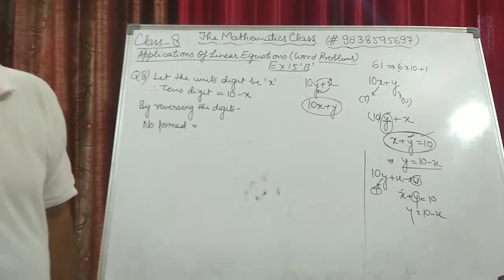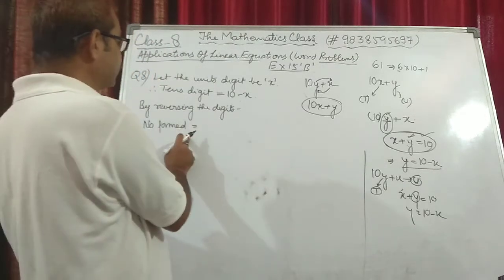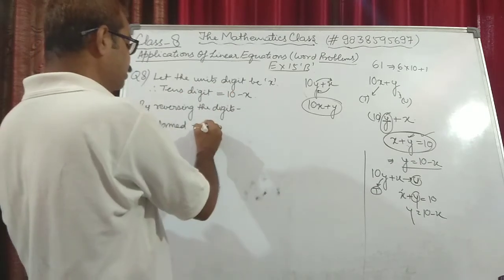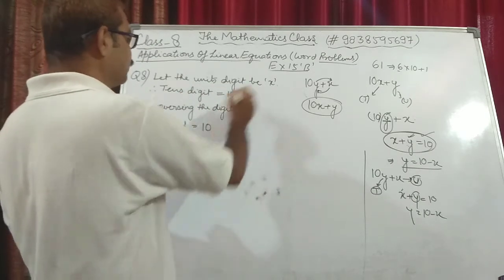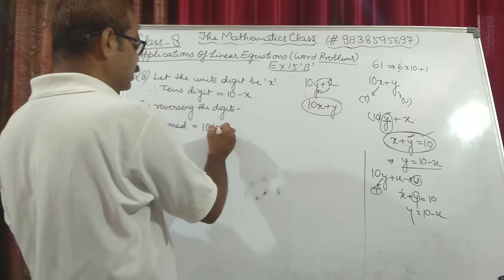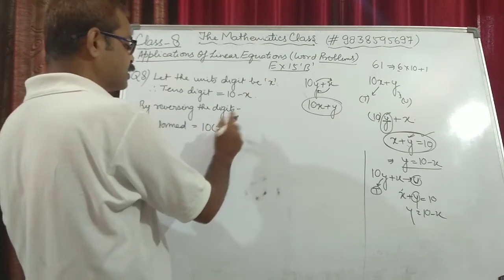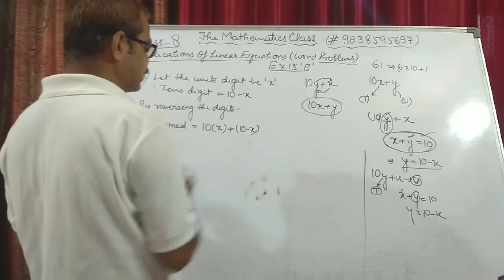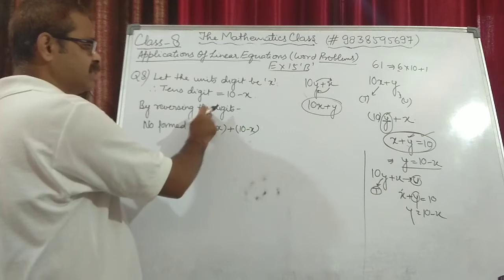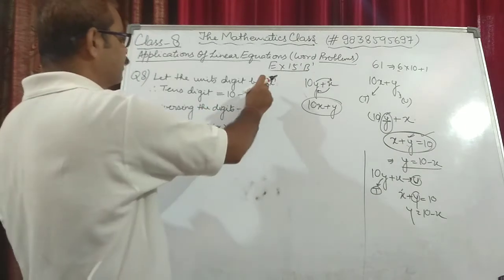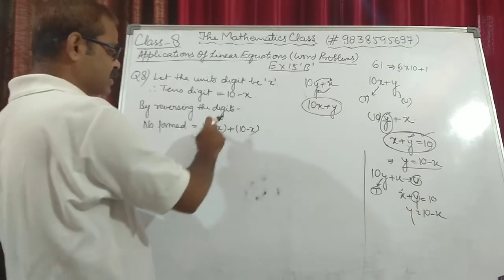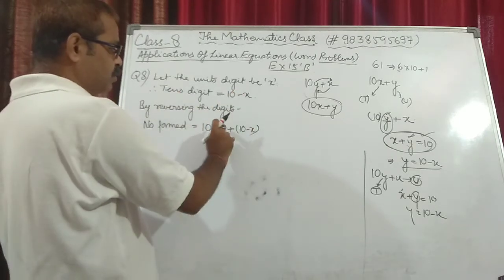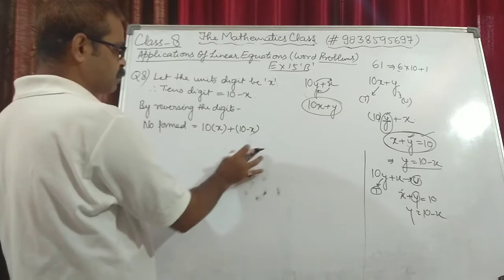It means that the tens digit will come to the units place, and the units digit will come to the tens place. By reversing the digits, x takes the place of y. x was the units digit, so now x has come to the tens place, and the tens digit was 10 minus x, so now this 10 minus x has come to the units place.